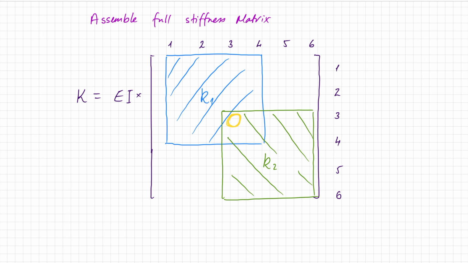Now we obviously know, because we studied the stiffness matrix method, that the equation is K, the stiffness matrix, times the vector for displacements equals the vector for force. And that is for the full system.